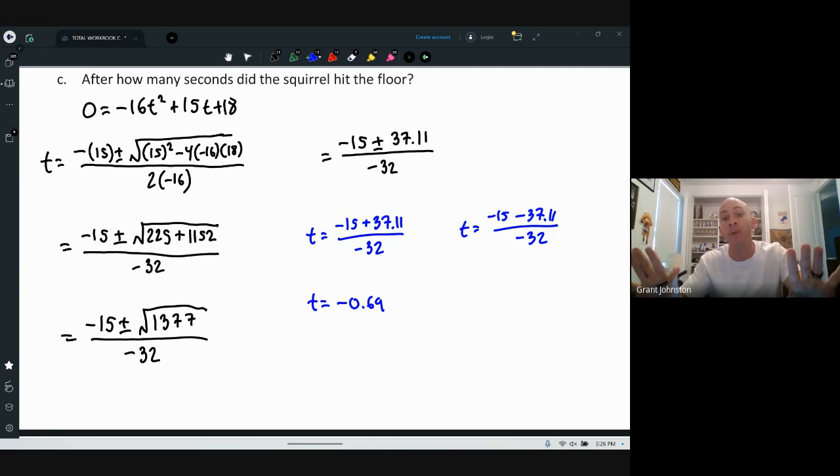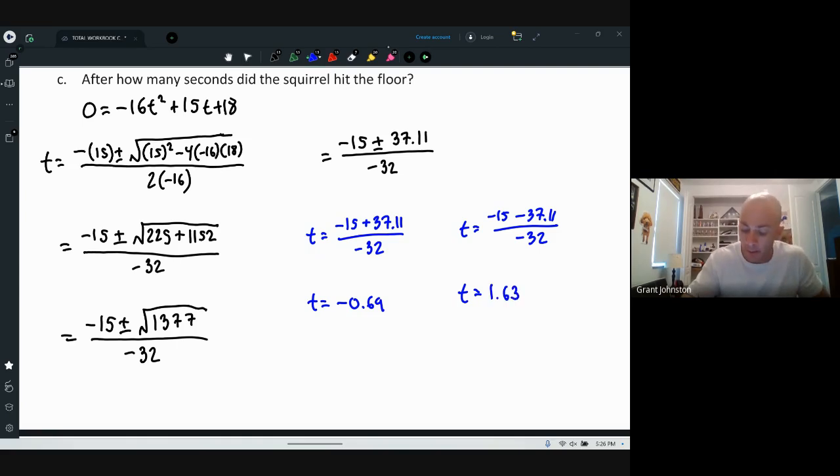We'll talk about the reasonableness of these solutions in a second, but let me just get the other one now. Again, I'm typing this all in at once. Negative 15 minus 37.11, I got negative 52.11, divided by negative 32 is, if I'm rounding, 1.63.